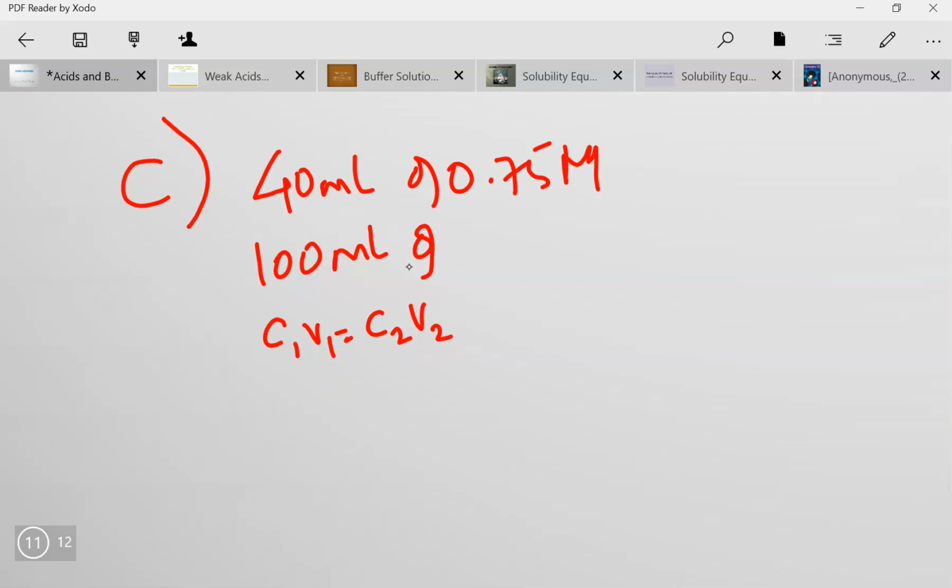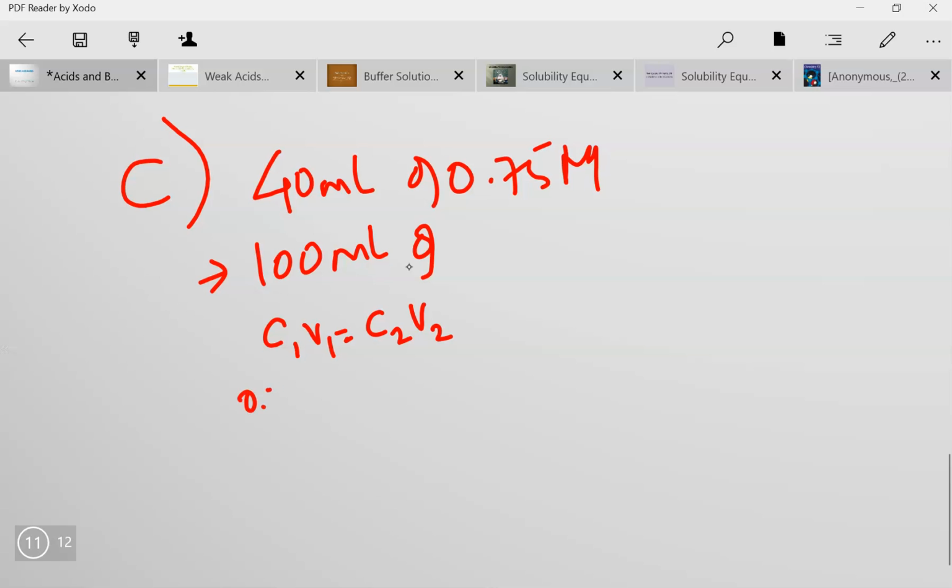Basically, this says that the number of moles of acid doesn't change even after you add 60 milliliters of water, but the concentration will change, right? Because you're just adding water and diluting how much acid is there.